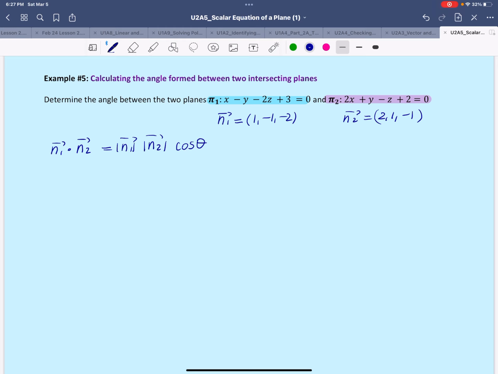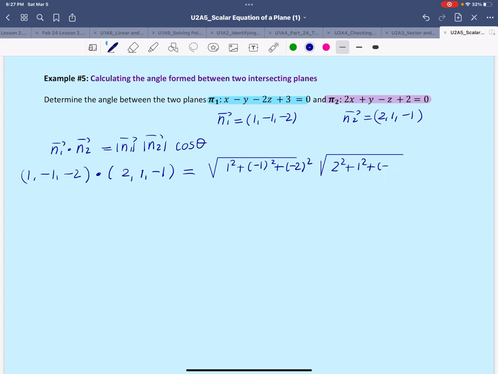So N1 dot N2, which is 1, -1, -2 dotted with 2, 1, -1, equals the magnitude of N1, the square root of 1 squared plus -1 squared plus -2 squared, times the magnitude of N2, the square root of 2 squared plus 1 squared plus -1 squared, times cos theta.